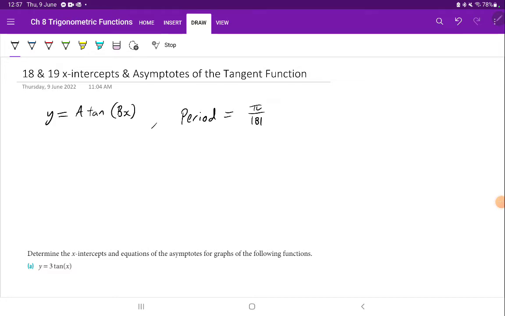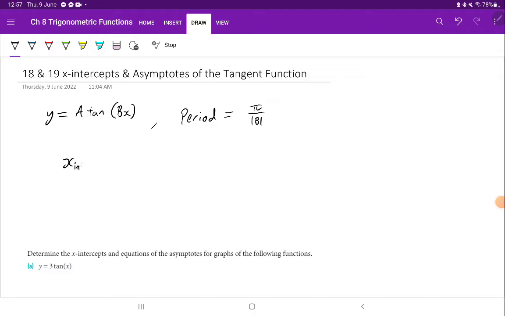Now, with this, the other thing is that we're going to have asymptotes at x is equal to, and we're going to have x-intercepts. That's the more interesting one.